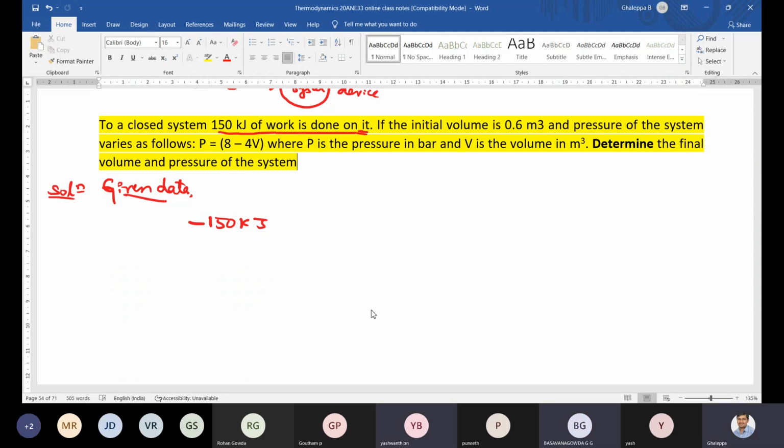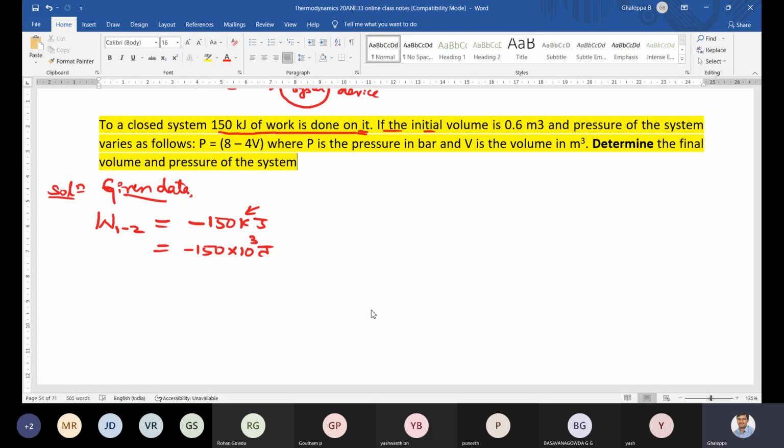Work done, W. Work done during 1 to 2 process. It is minus 150 kilojoule. What is the next step you will do? Here you are seeing kilo. What you need to do? Convert kilo to joule. Kilojoule multiplied by 10 power of 3. Okay, next line.